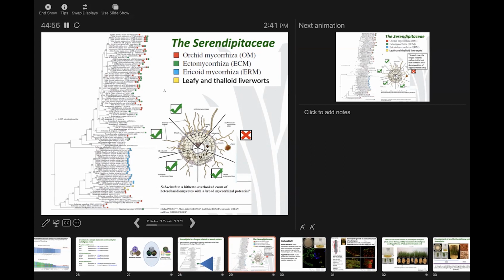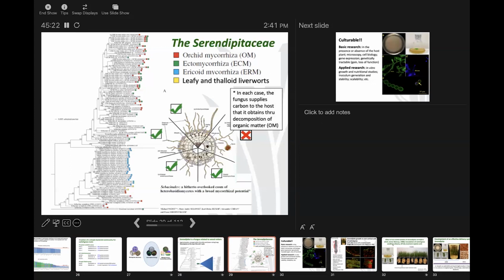Okay, now, but what I want you to see is that within this relatively small group that came from that much bigger tree, we find isolates capable of forming every type of mycorrhizae except for the arbuscular type, the one I showed you in the beginning that forms the tree-like structure. The rest of them are formed by fungi like this. Now, why is that important?